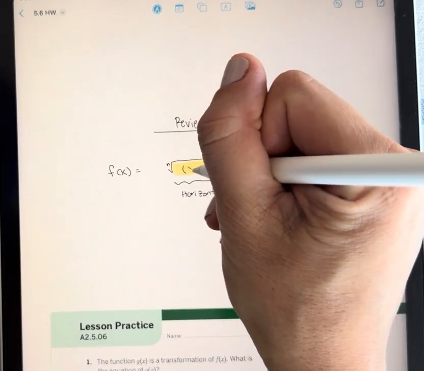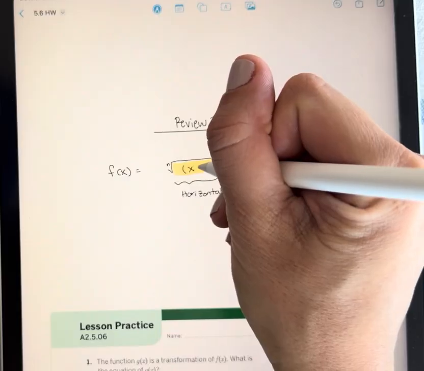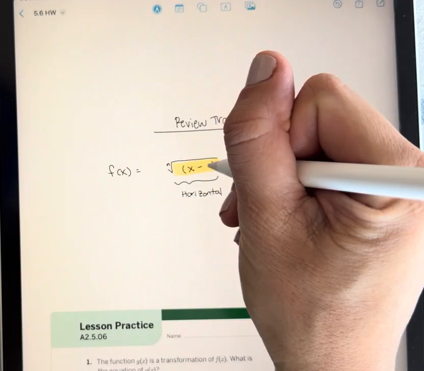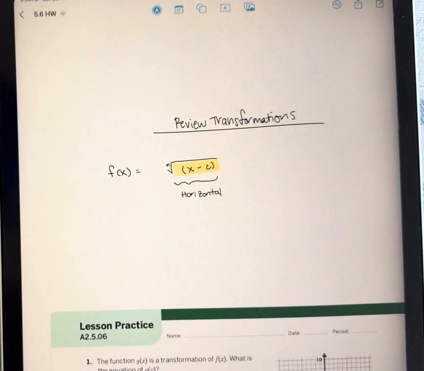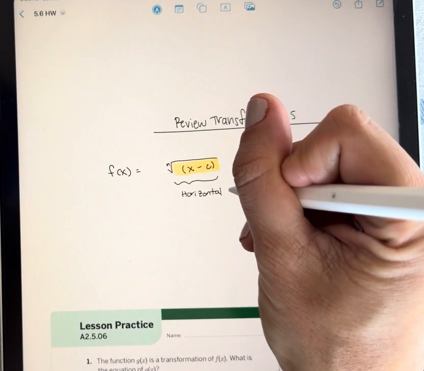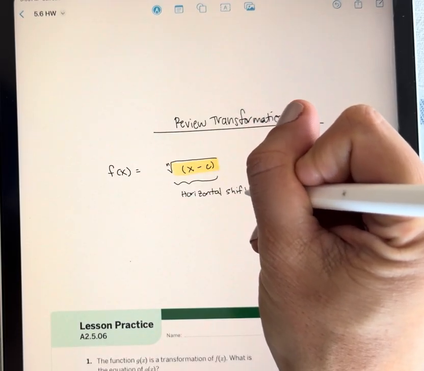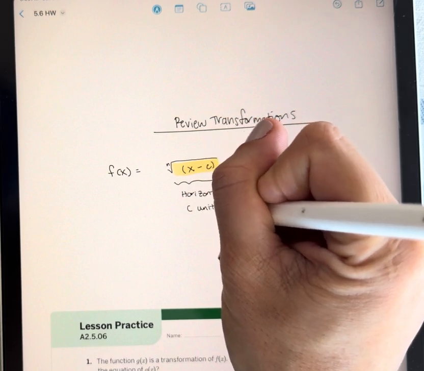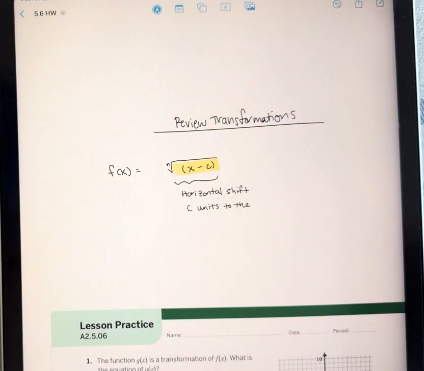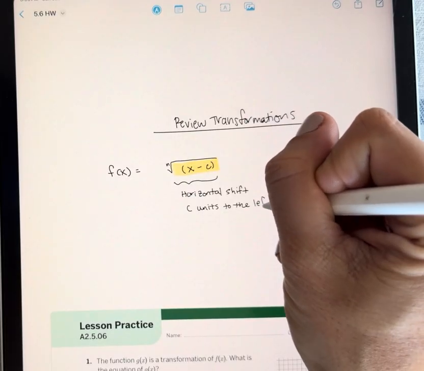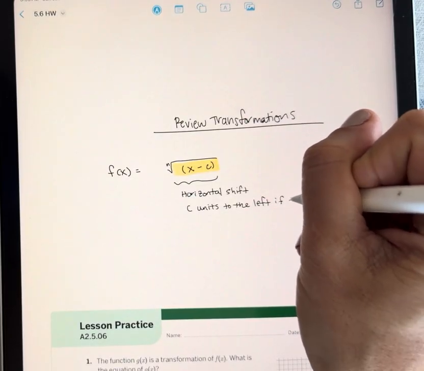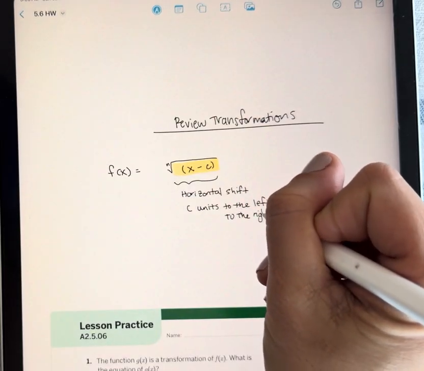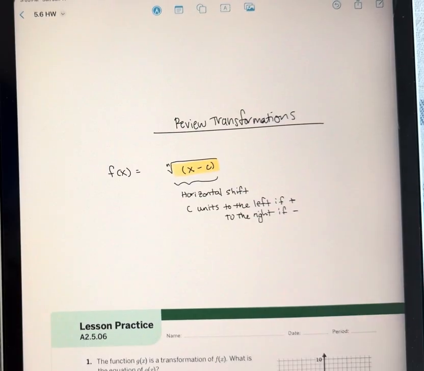So if I have an x plus or minus something, I'm gonna go with a C right there. It's a horizontal shift or translation, C units to the left if positive, and to the right if negative, okay?